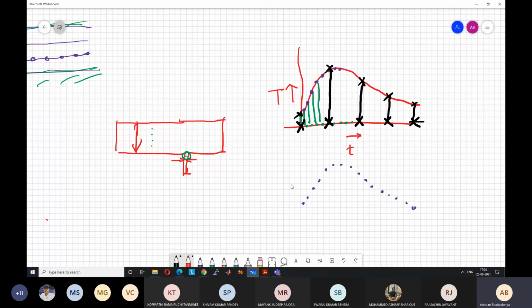So ultimately, you do not know the variation in between. So when you join them, you will have to join somehow. So you will maybe join them linearly. Okay. Drawing is not accurate, but I hope you get the idea. Let me try like this.